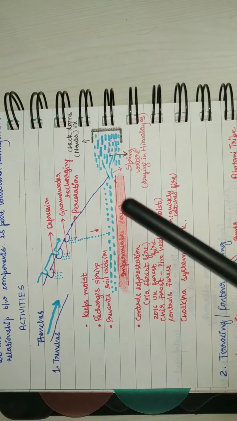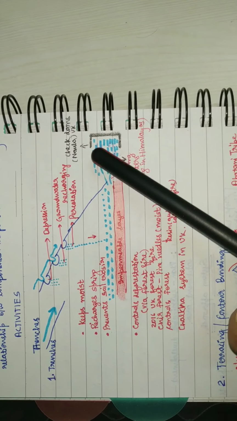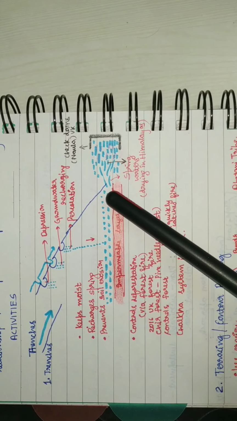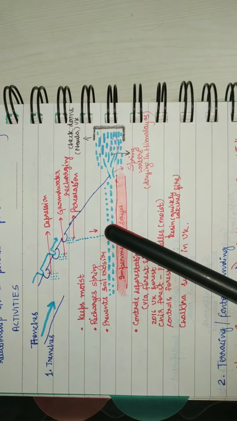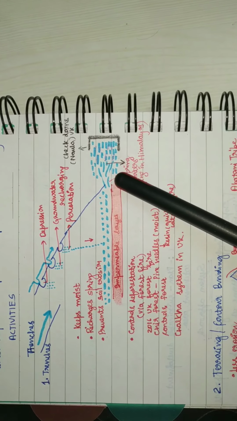Now the thing is, in hilly areas, this accumulated water above the impermeable layer gushes out as there is more water percolating, and this leads to a spring, right?